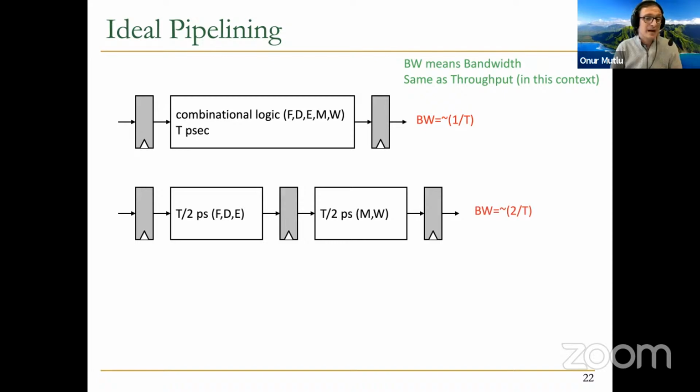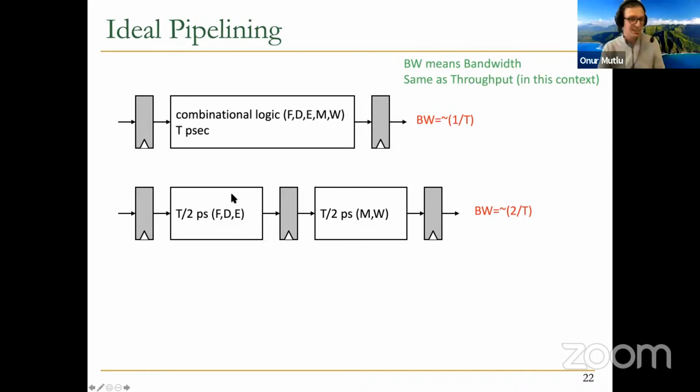Now, ideal pipelining divides the stage into two so that you can increase the throughput, double the throughput. But while you're doing that, you need to make sure that the division is nice, such that each stage doesn't really lose any of the divided work. What does this mean? Whenever you divide this into t over 2 picoseconds and have combinational logic over here, you'd better not increase the delay of the combinational logic, because you need to be able to perfectly divide the combinational logic, right?